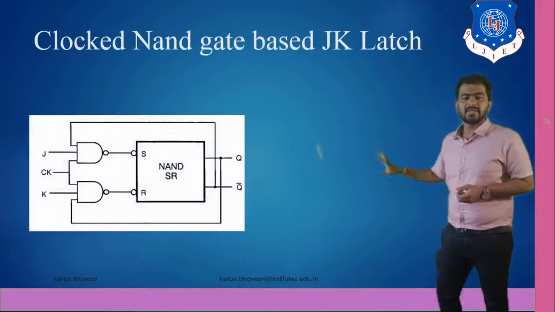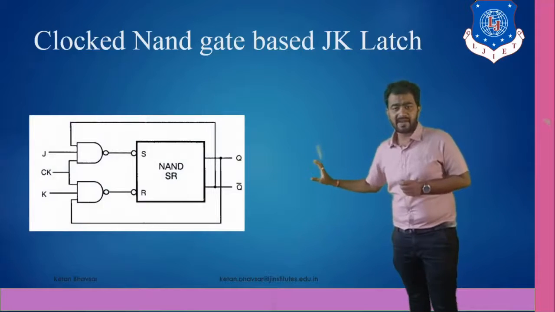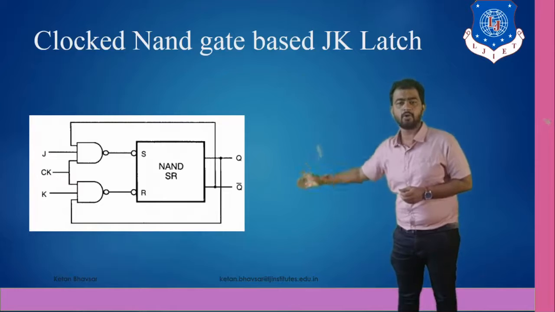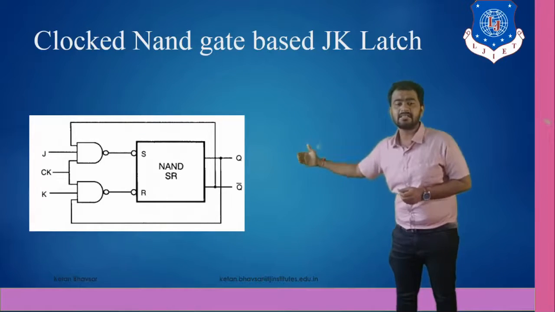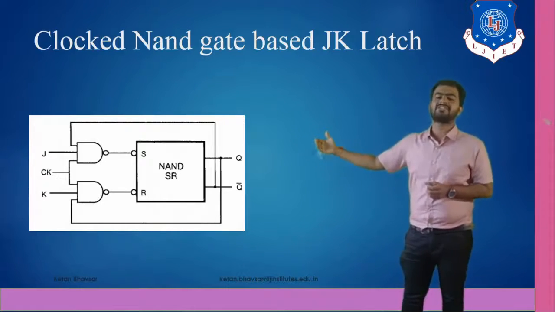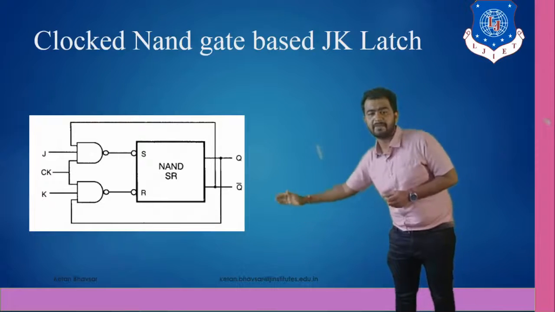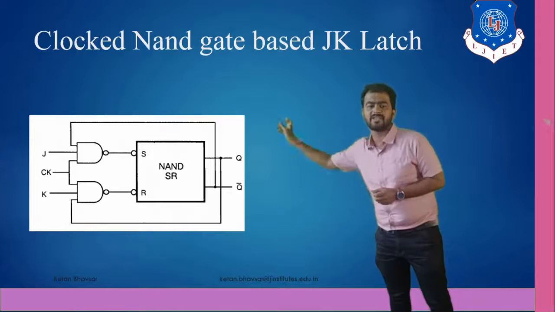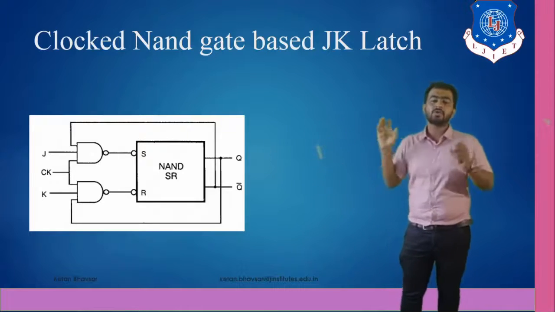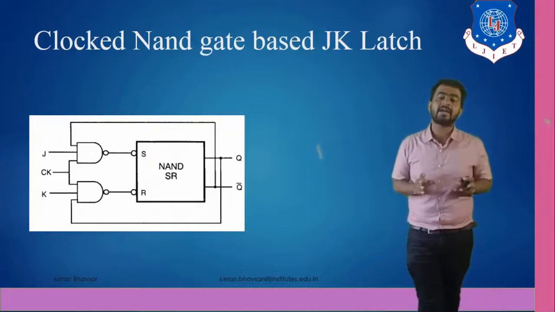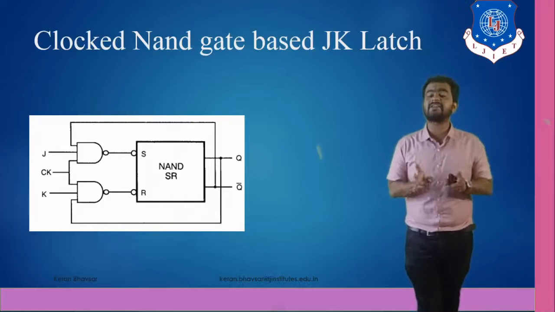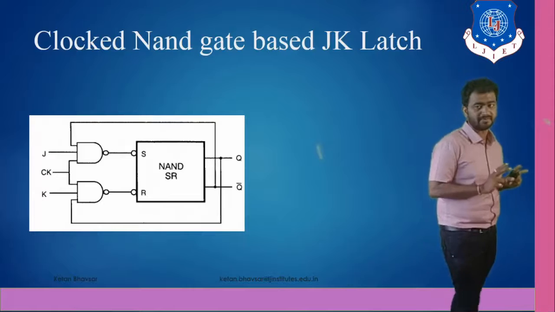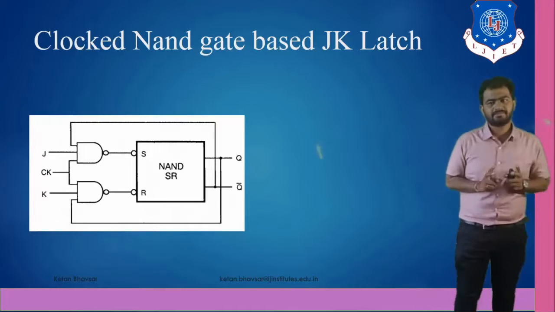As you can see, the circuit remains the same, right? It's a NAND based SR, and again there is a NAND gate on both terminals. But you can see that instead of S and R, I am writing J and K, and we provide the feedback. The Q feedback goes to the K terminal and the Q bar feedback goes to the J terminal. As you can see, we add a 3 input NAND gate instead of a 2 input NAND gate to solve the not allowed state problem in the SR latch.